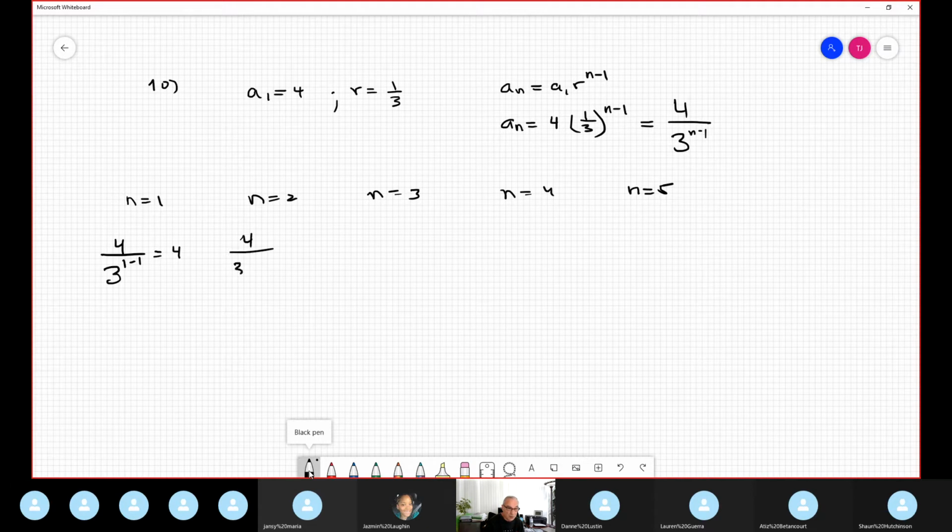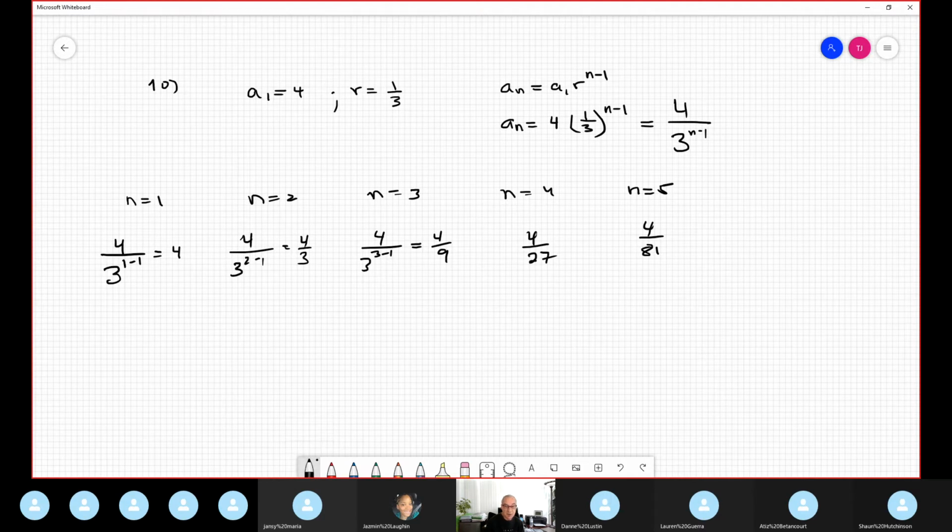For n equal 2, 4 divided by 3 to the 2 minus 1. 2 minus 1 is 1, so 4/3. For n equal 3 is 4 divided by 3 to the 3 minus 1, which is 2, and 3 squared is 9, so 4/9. And so the next is 4/27, and the last one is 4/81. This is the geometric sequence.